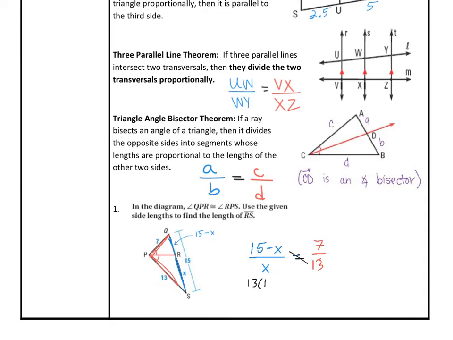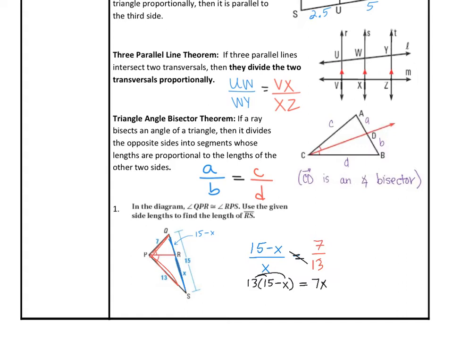13, and in parentheses you put 15 minus X, equals 7 times X, or 7X. Now distribute. I'm going to go ahead and let you solve that on your own. If you pause this video and solve it, that'd be great.